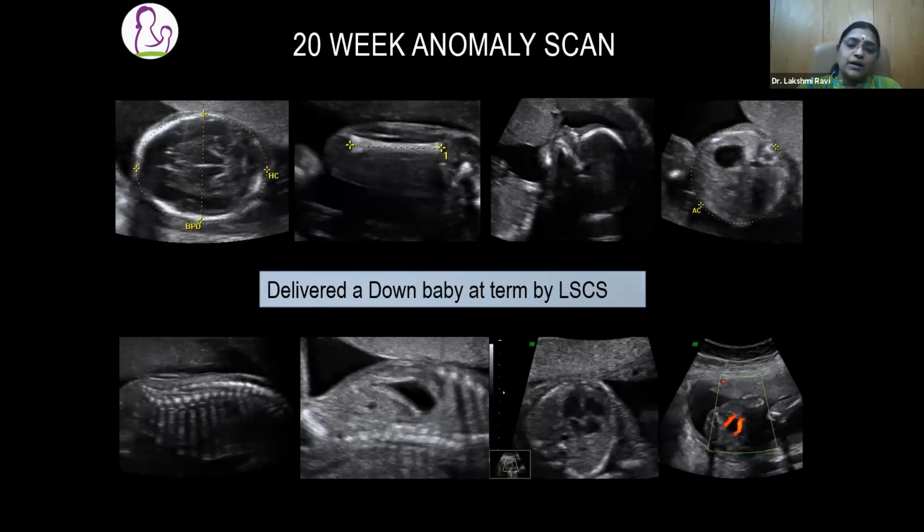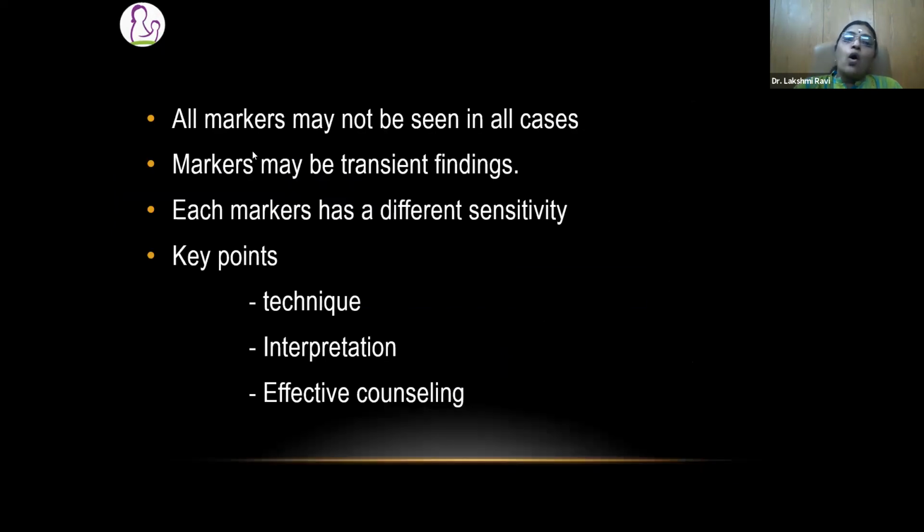So we just want to understand that all markers may not be seen in all cases. Markers may be transient findings. Each marker has a different sensitivity. And we need to understand that the technique of looking at the marker, the interpretation and effective counseling, all these things are very, very important at the end of the day.